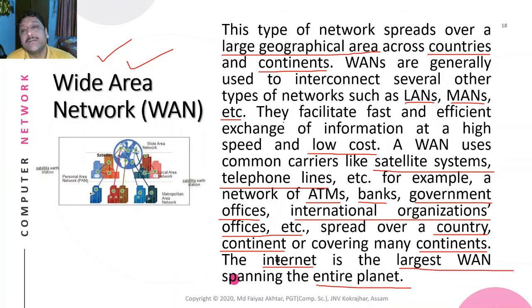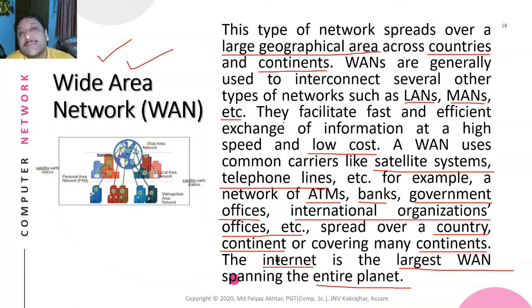Now wide area network. Wide area network covers the largest geographical area compared to the previous types of networks. It can connect so many LANs and MANs with each other. To establish a wide area network, we can use satellite networks and telephone lines also.